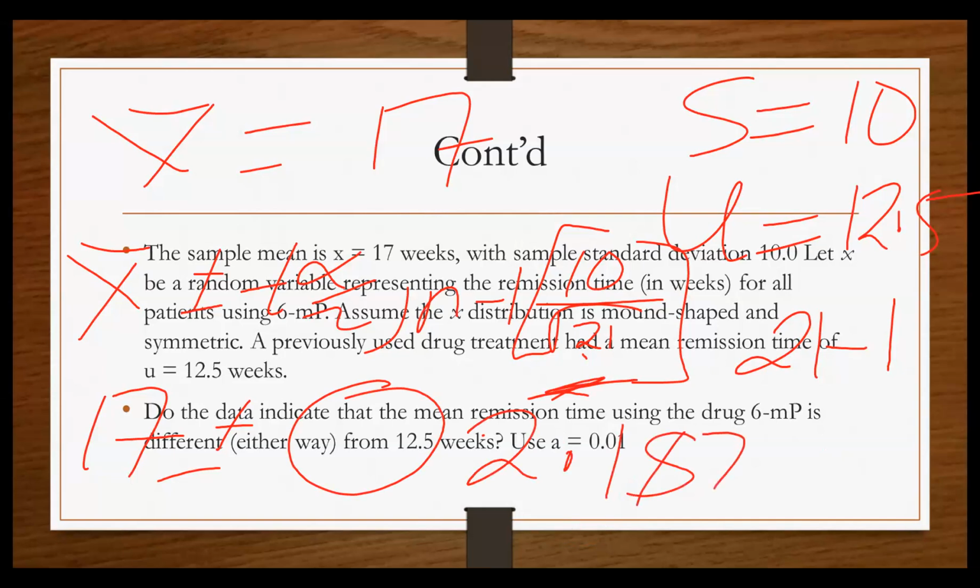Then let's find the value from the t table, because the sample size is small. You keep this number 2.182. We go to the table and see what happens.